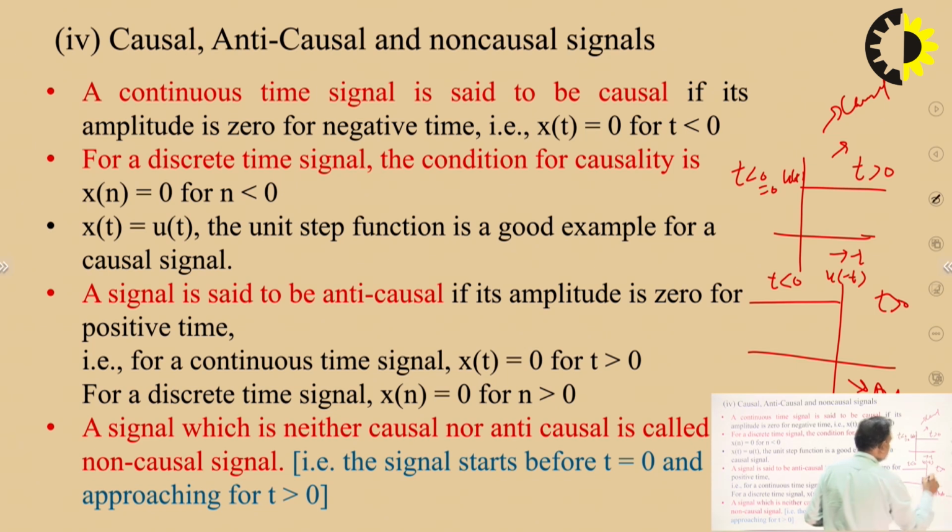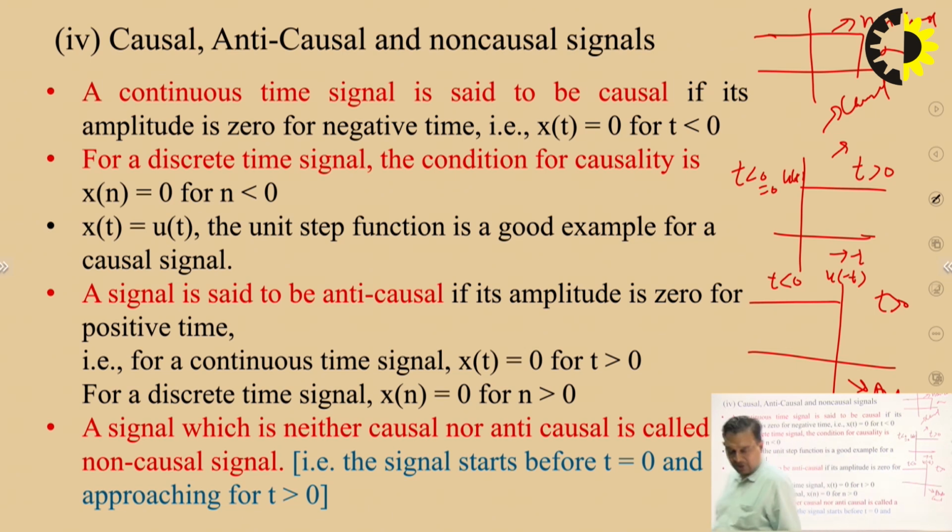Also, a signal which is neither causal nor anti-causal is called a non-causal signal. This means the signal starts before t = 0 and also lasts after t = 0, like this type of signal. So this is about causal, anti-causal and non-causal signals.